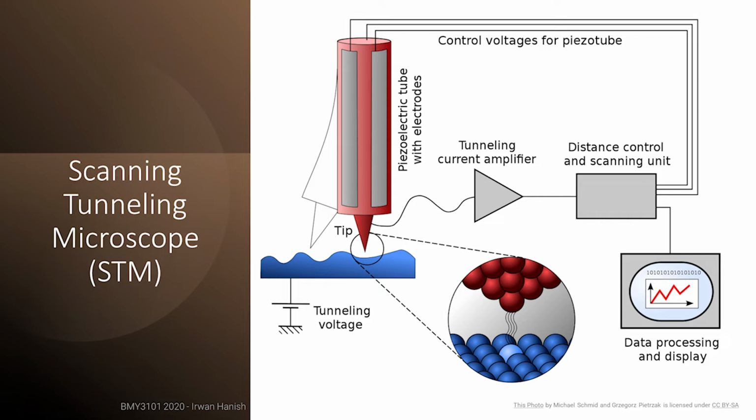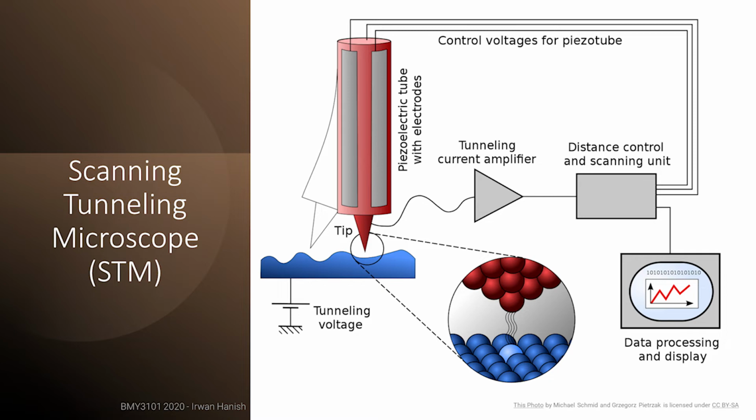And when the tunneling current is weaker, it indicates that at that spot, the surface of the specimen is farther away, like valleys that are farther away from the sky. So the probe can sort of feel the shape of the whole surface of the specimen.